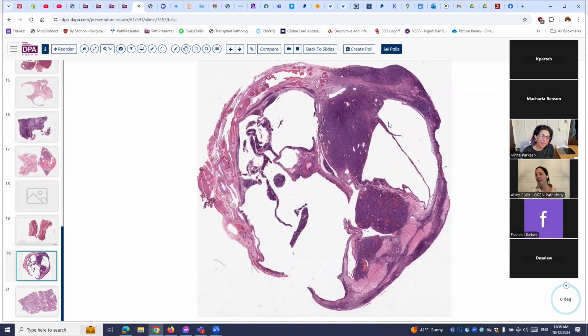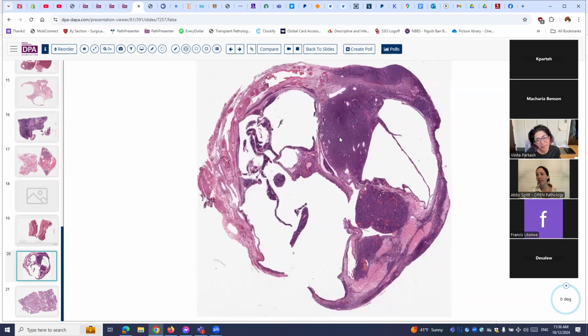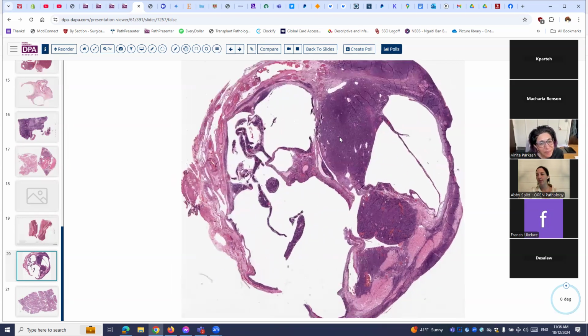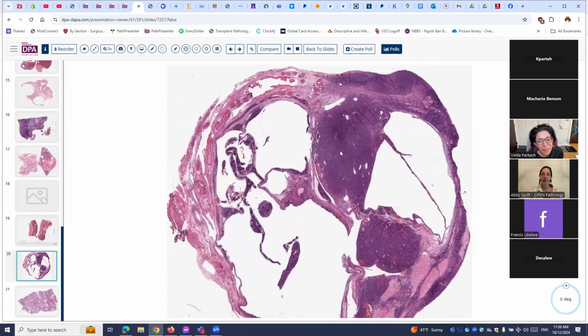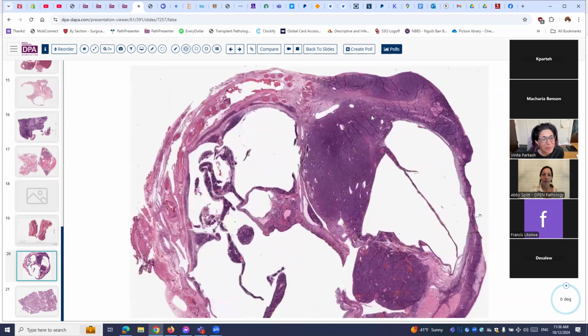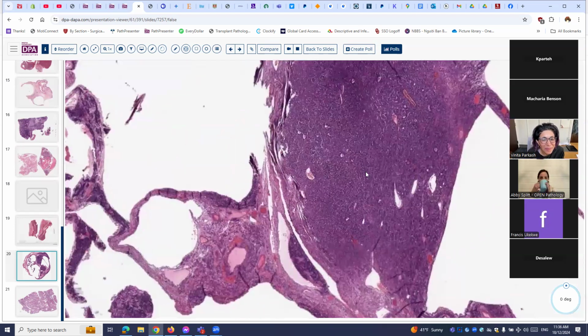I think she was in her 50s. What do you see here? A partially cystic and partially solid proliferation, deeply staining blue, solid.